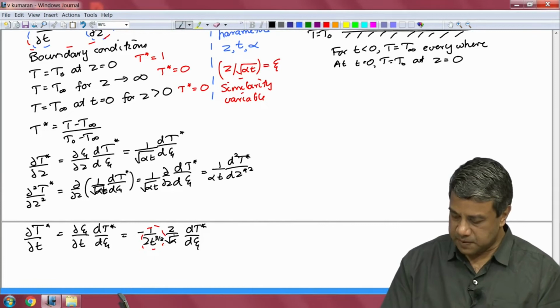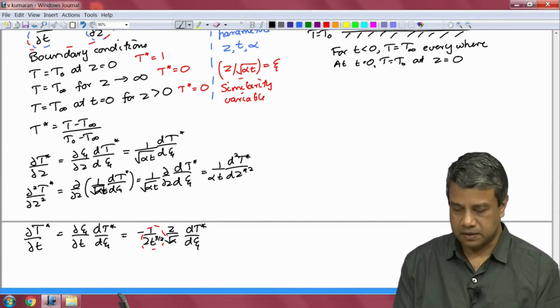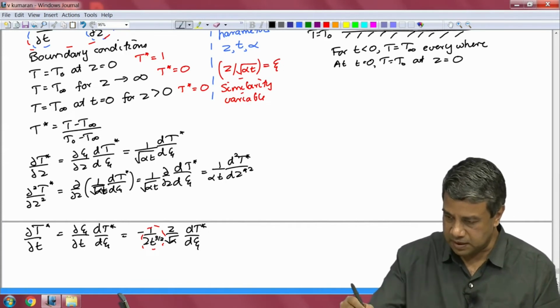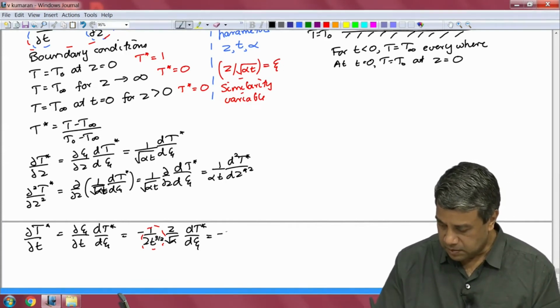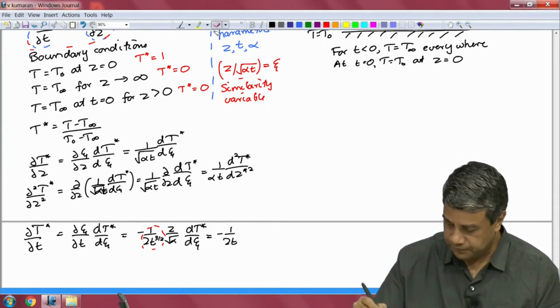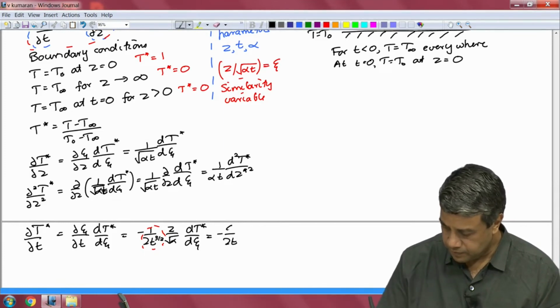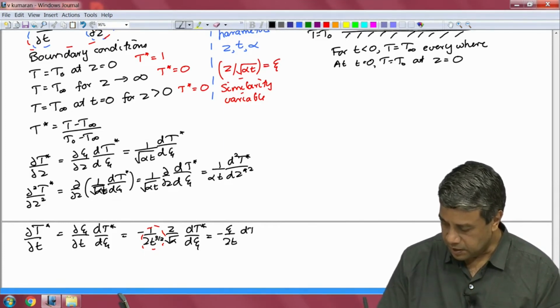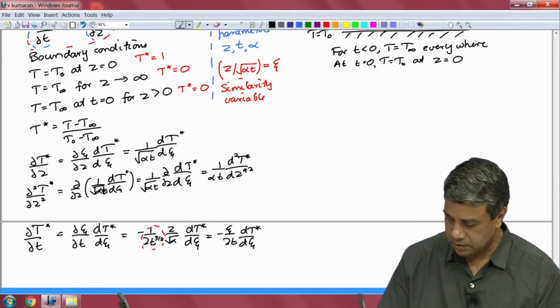And I can re-express z in terms of psi. Z is equal to psi root of alpha t. If I substitute that in here, I will get minus psi by 2 t, times dt by d psi.